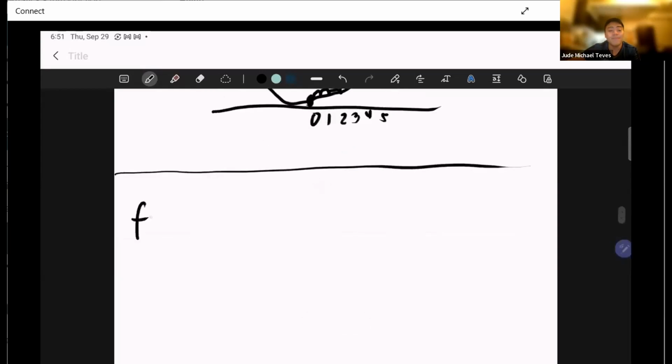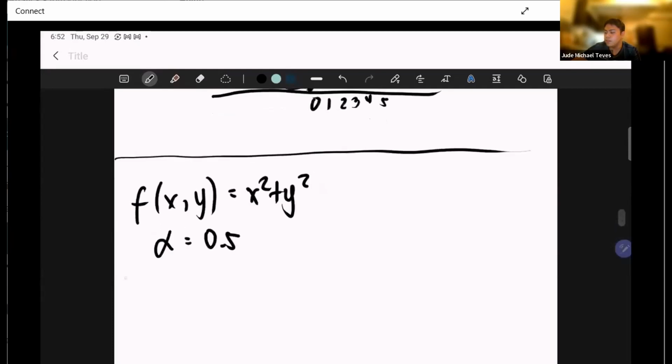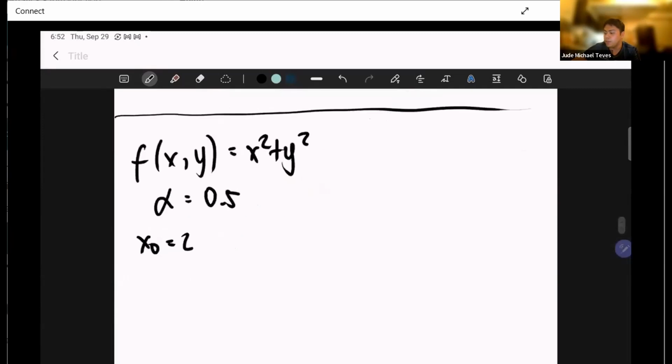Sorry, I am not sharing my other screen, so you can't see it. But anyway, this is the other example. The learning rate is 0.5. Then the initial value would be, say, for example, x is 2, then y is equal to 5.